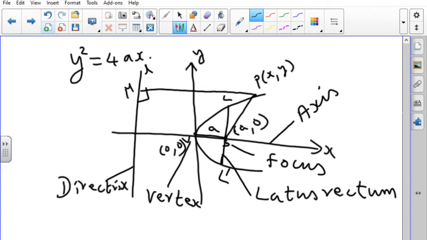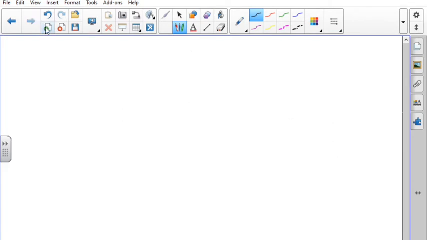Exercise 5.2, first question. Find the equation of the parabola in each of the cases given below. What is the first one?